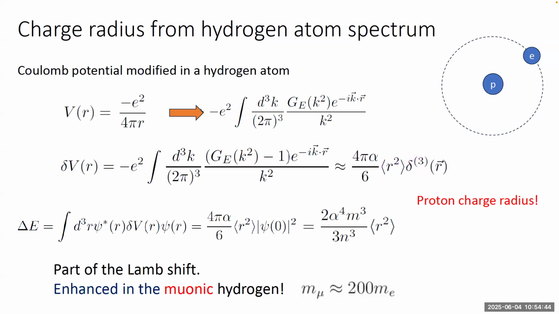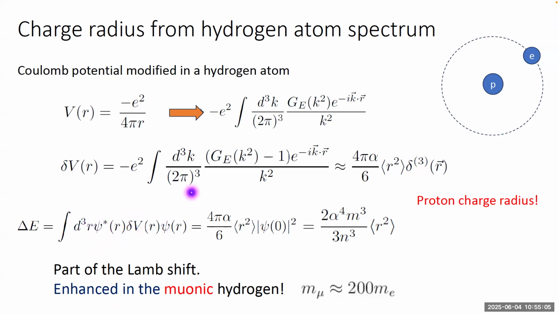Okay. So you can use this delta V as a perturbation, include it in first order perturbation theory, and calculate the energy shift due to this perturbation. This is the usual non-relativistic wave function of the electron, and you do this from the textbook.